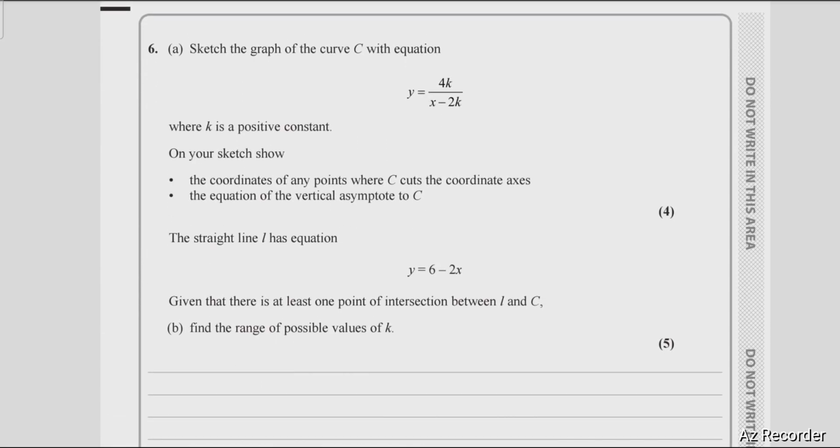A. Sketch the graph of the curve C with equation y equals 4k over x minus 2k, where k is positive. On your sketch, show the coordinates of any point where C crosses the coordinate axes, and the equation of the vertical asymptote to C. So that's a reciprocal function because it's 1 over x.